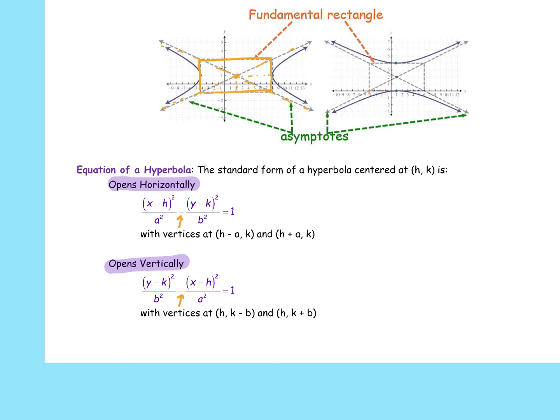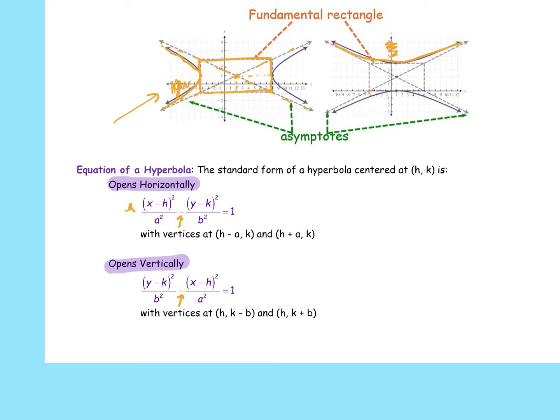If my hyperbola opens horizontally, wrapping around the x-axis, then x comes first. If it wraps around the y-axis and opens vertically, then the y goes first. That's how I know which way it opens.